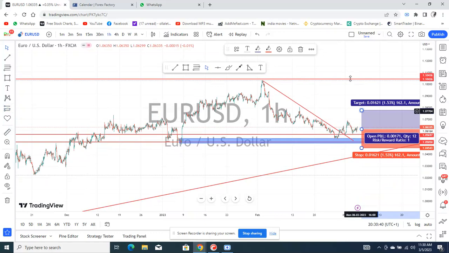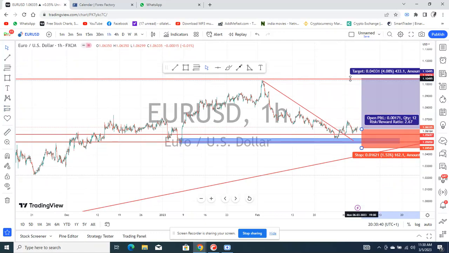This is the target now. This is my bias for EUR/USD. For now, I'm looking for a buying opportunity. If you buy from here, the TP will be here for EUR/USD, since price came down here and broke this support.